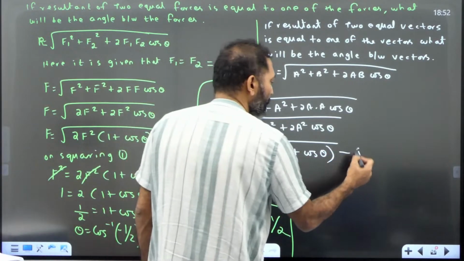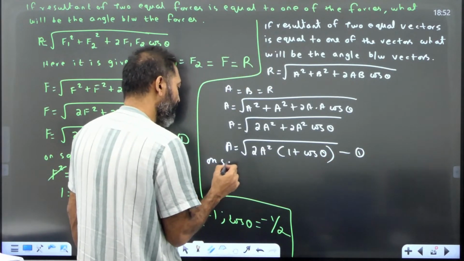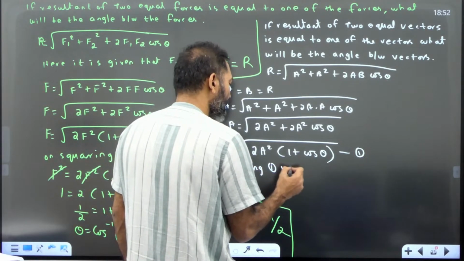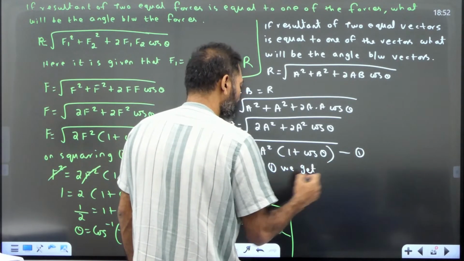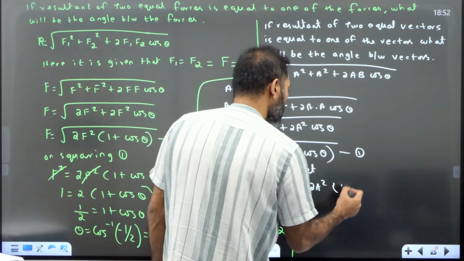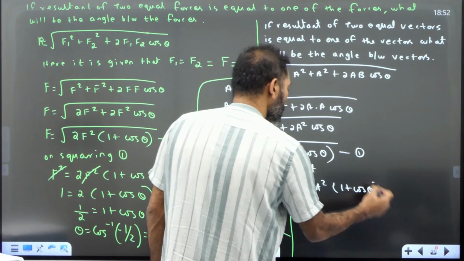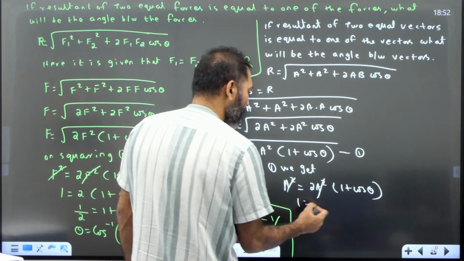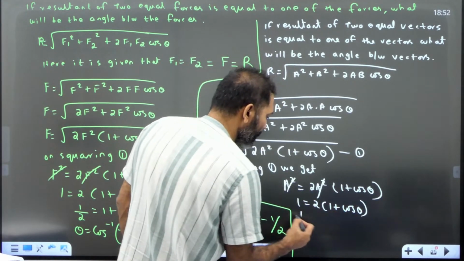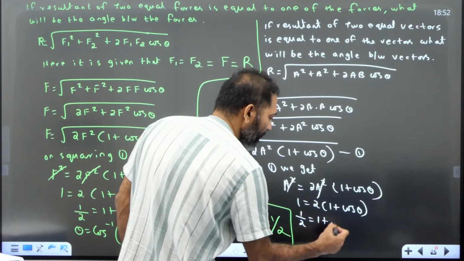Let this be equation 1. On squaring equation 1, we get A square equal to 2A square into 1 plus cos theta. So A square gets cancelled, 1 equal to 2 into 1 plus cos theta. So 1 by 2 is equal to 1 plus cos theta.